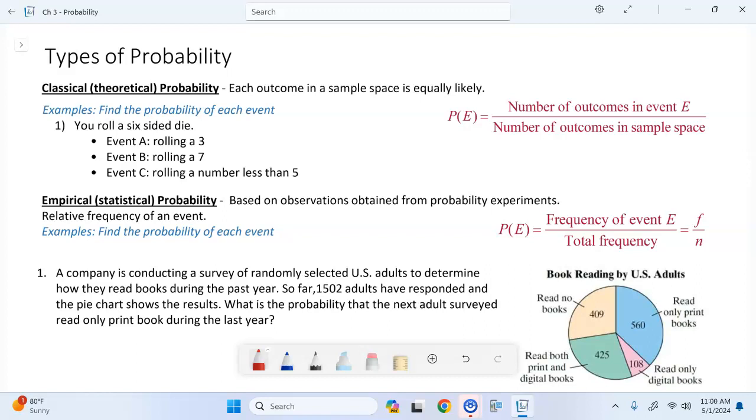All of these have an equally likely chance of happening. So our classical theoretical probability is just going to be the number of outcomes in our event, so how many different ways can we get that specific outcome, divided by the size of the sample space.